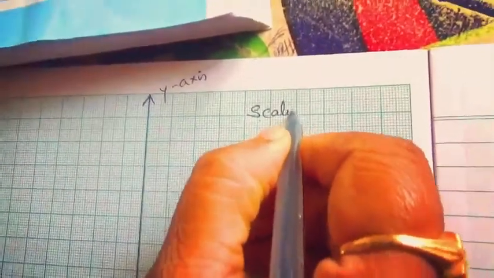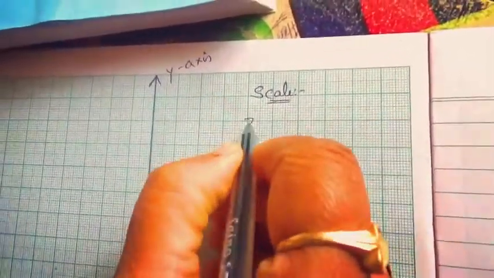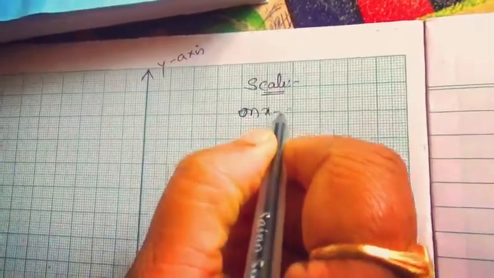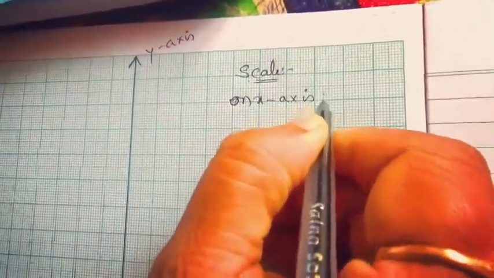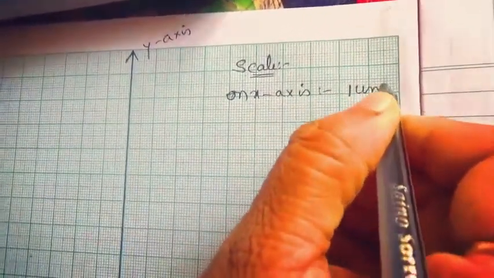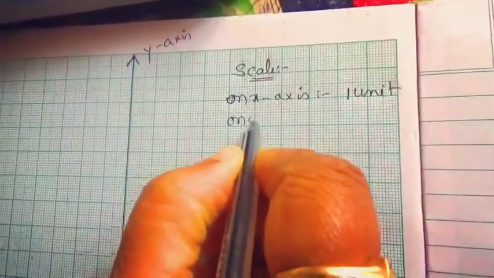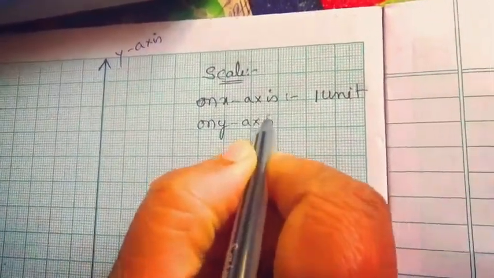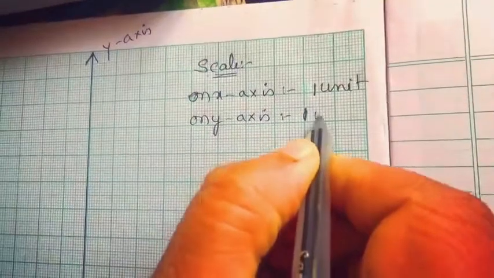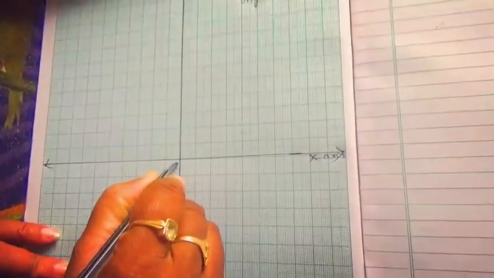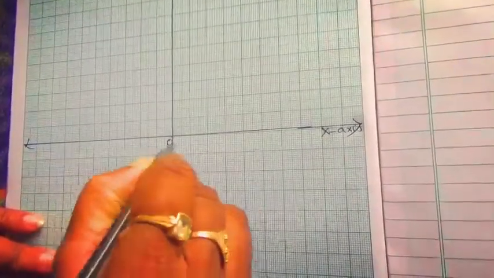I am taking the scale as 1 unit on the x-axis, 1 unit on the y-axis. Okay, so here the intersecting point of this horizontal line and vertical line is called the origin, that is 0.